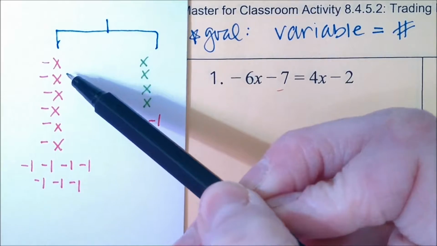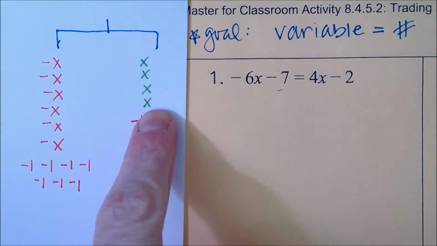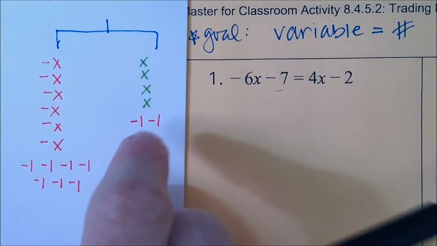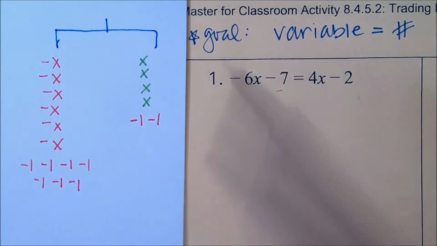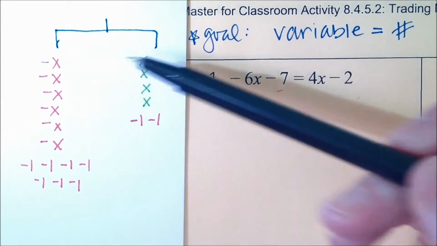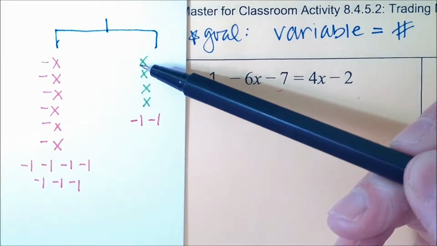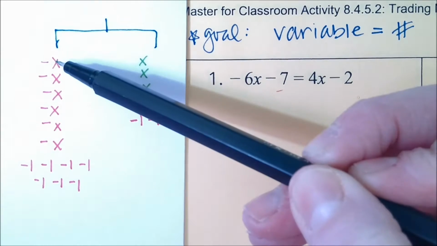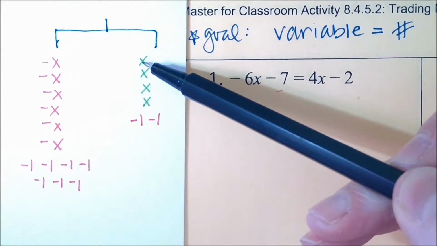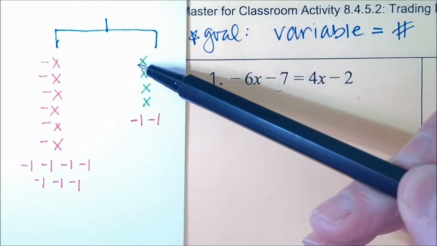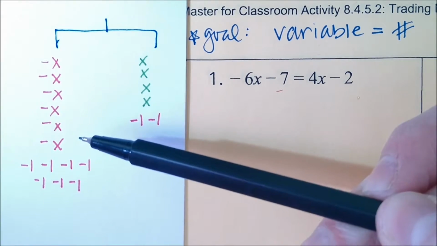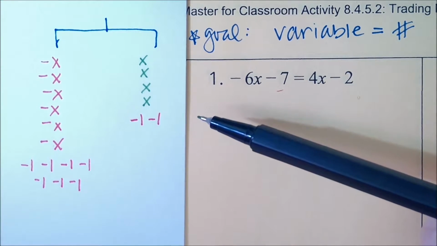Well, I don't have any negative x's here, so it isn't like I can just take x's from each side. It's not going to work. I can't take a negative from here and a positive from here. If you think about these as numbers, if that's negative 2 and that's positive 2, taking a negative 2 off of one side and a positive off of the other, I'm not taking the same amount.